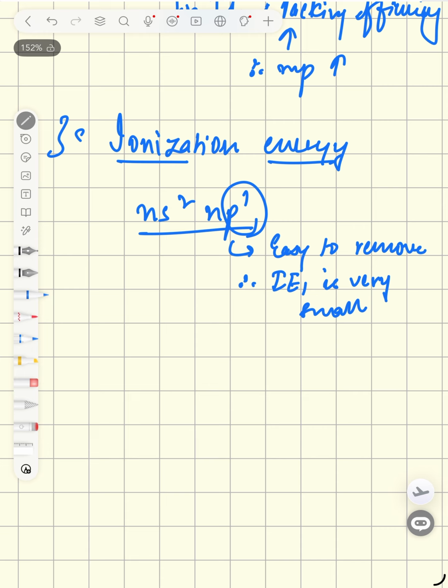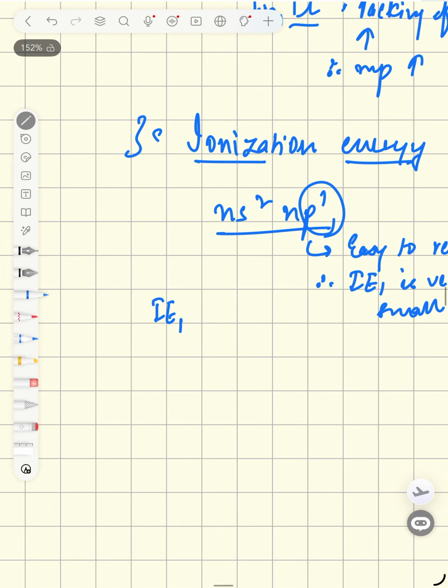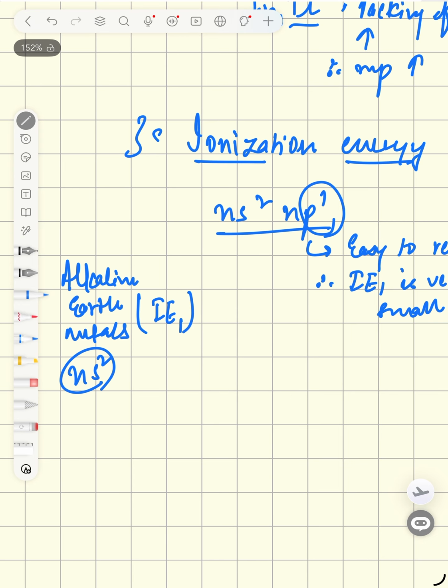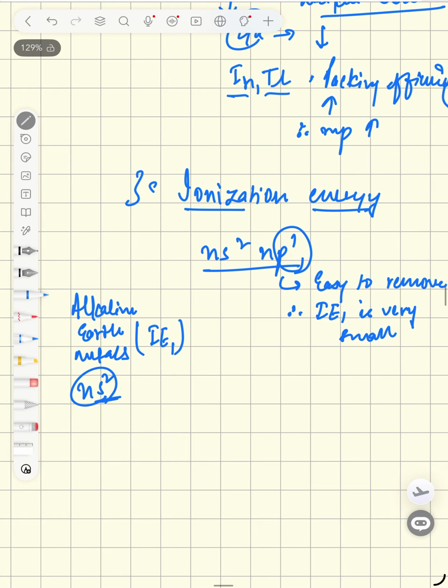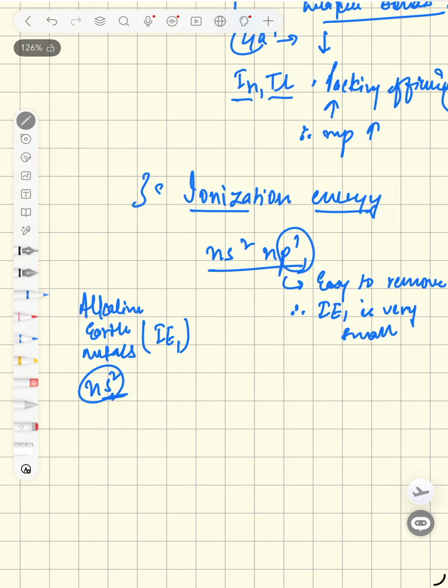Also, if we compare the first ionization energies of alkaline earth metals, they have outer electronic configuration ns2, which is a fully filled configuration. Alkaline earth metals have larger ionization energy than that of group 13 elements.